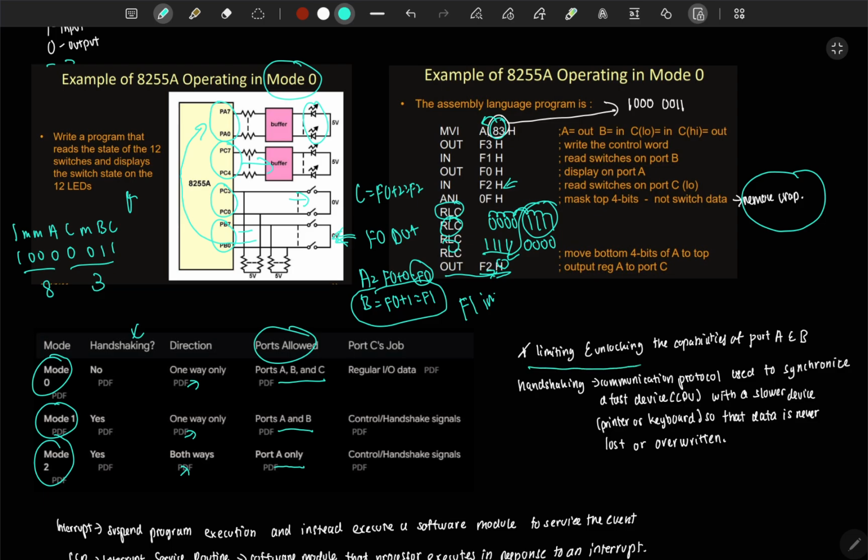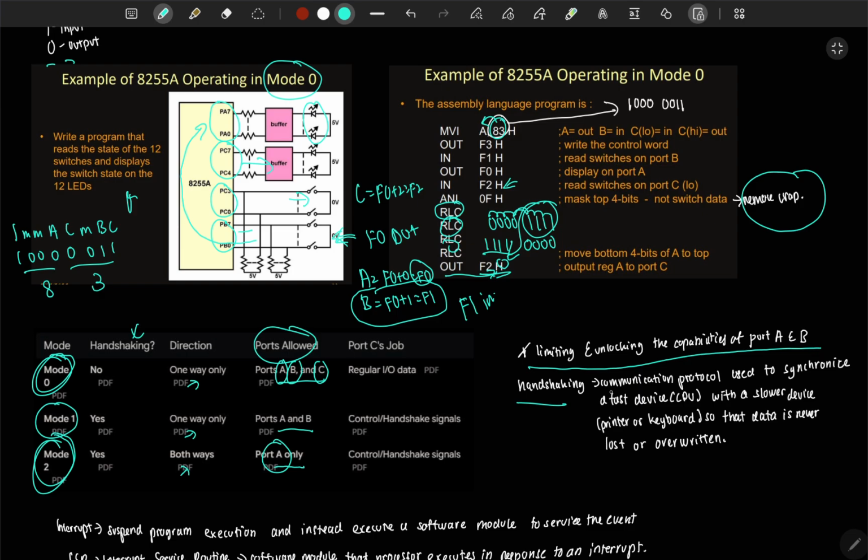To limit and unlock the capabilities of port A and port B. If you are using mode 0, you need to have A, B, C. If I only want to use port A, I don't want to use port B or C, I will be using mode 2 to only take port A, and I ignore port B and port C here.